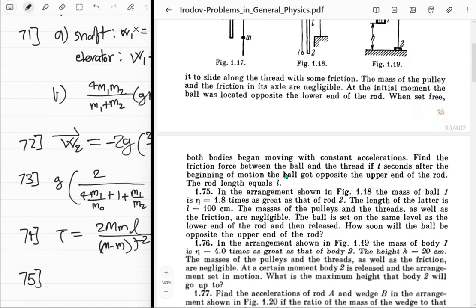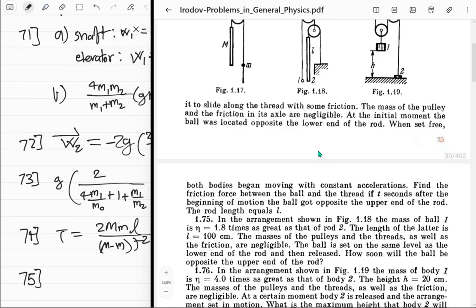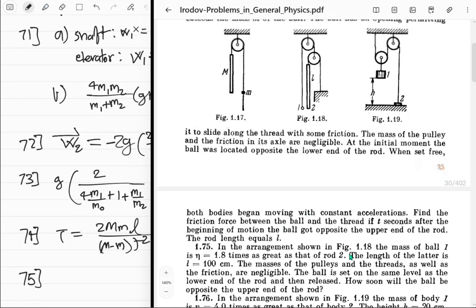75th. In the arrangement shown in figure 1.18, the mass of the ball 1 is this times as great as of rod 2. The length of the latter is this. The mass of the pulley and threads as well as the friction are negligible.